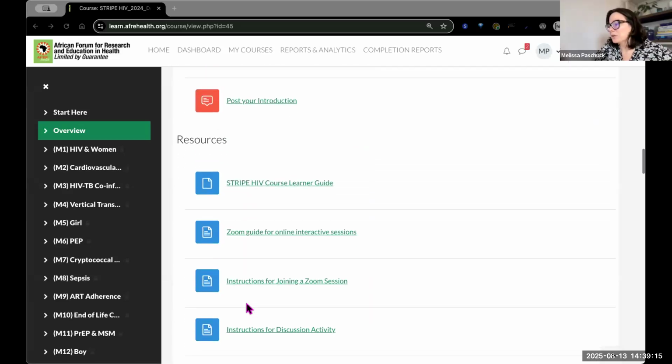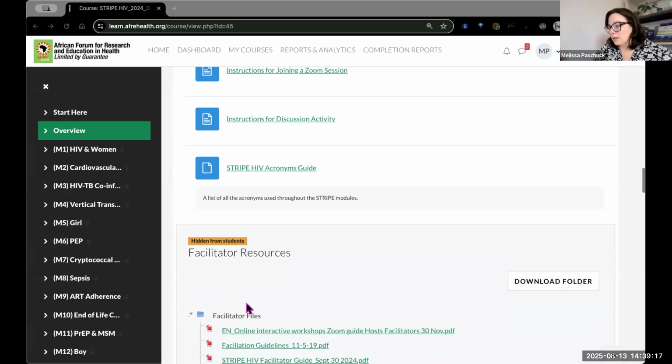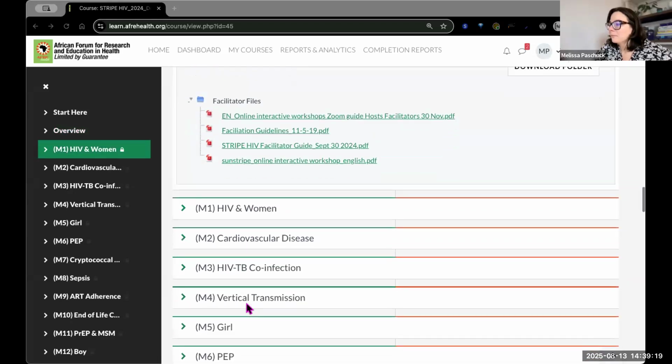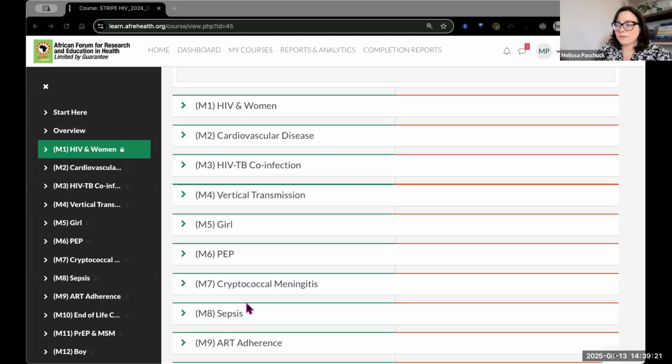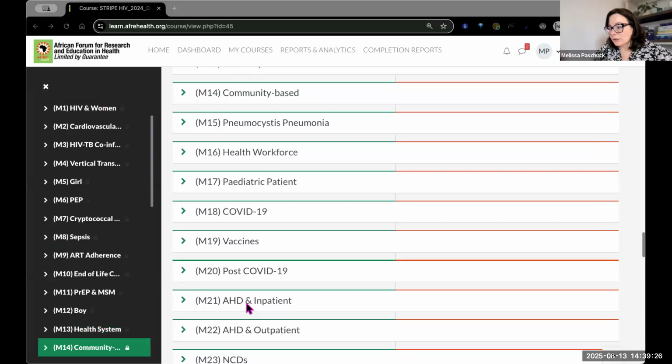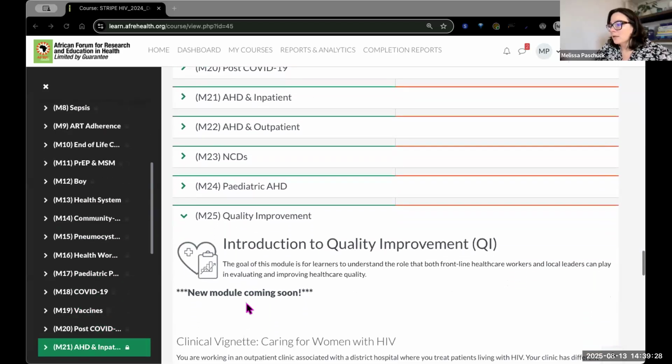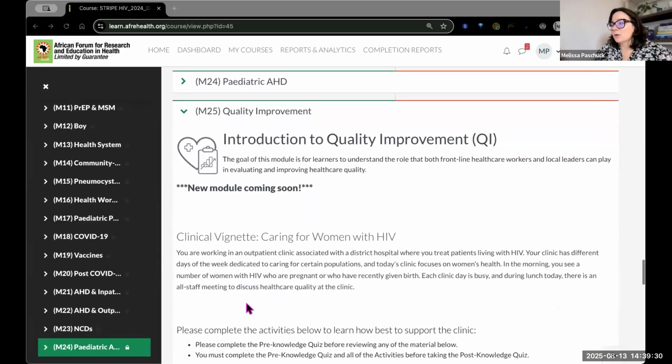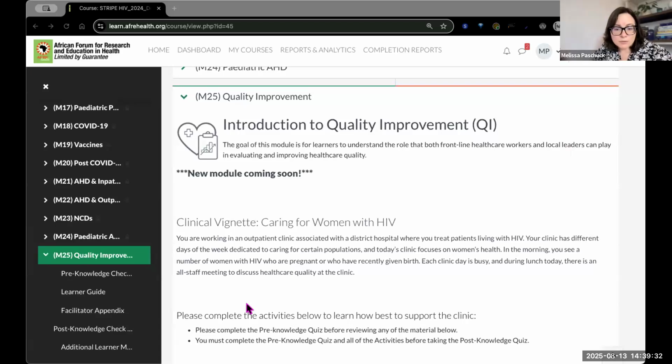There are also some resources for facilitators and learners in the introduction. There are 25 modules currently in the course. Our newest one is, of course, the Introduction to Quality Improvement module. For all of these modules, including the Introduction to Quality Improvement module, learners will be able to get a certificate of completion through the course website as well.